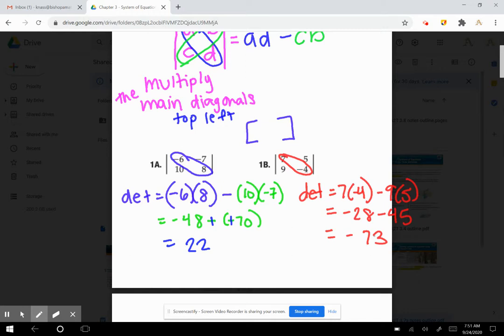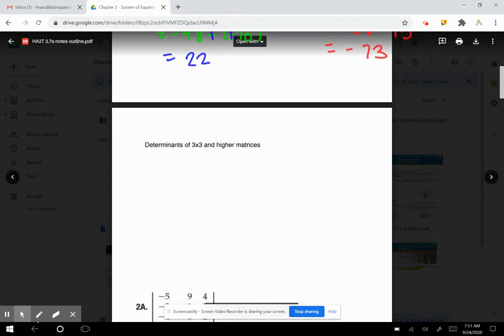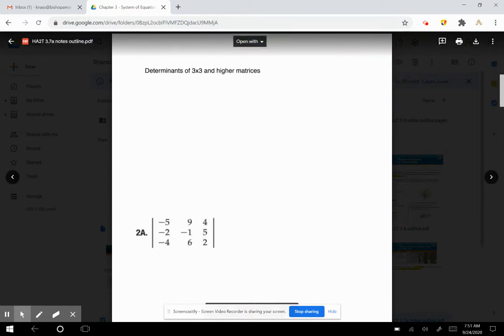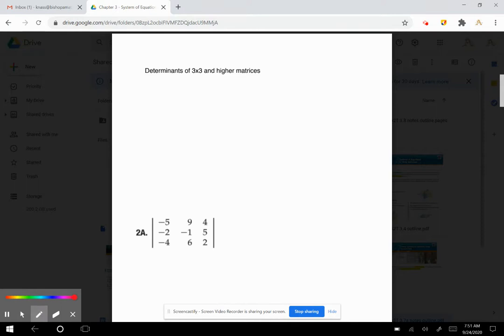Okay, let's now go on to the determinant of a 3 by 3. This one's a little bit harder, so let me show you it with variables first.